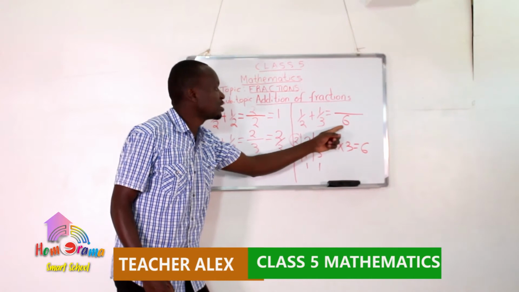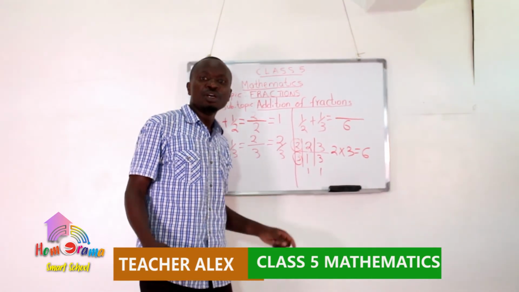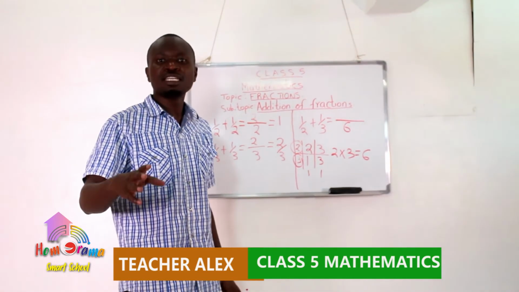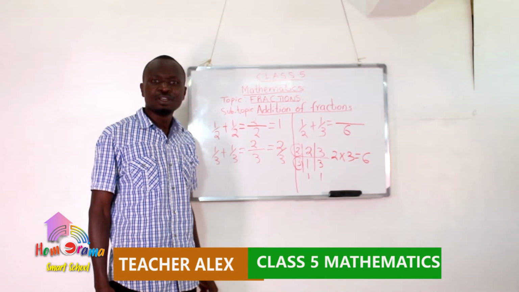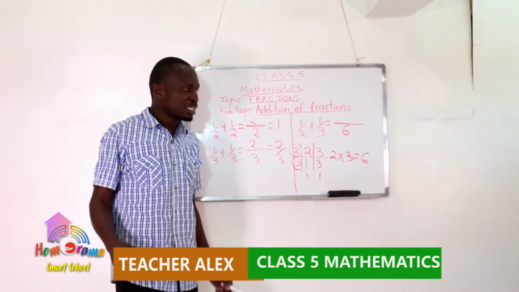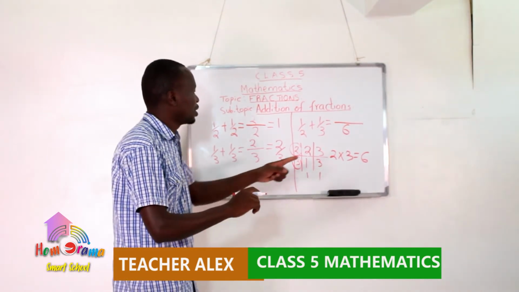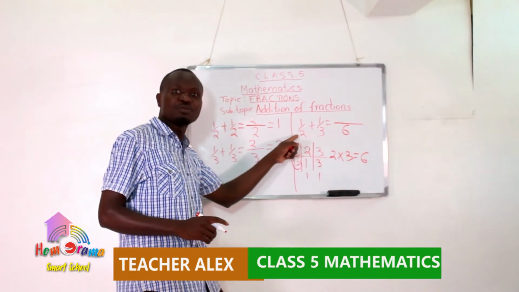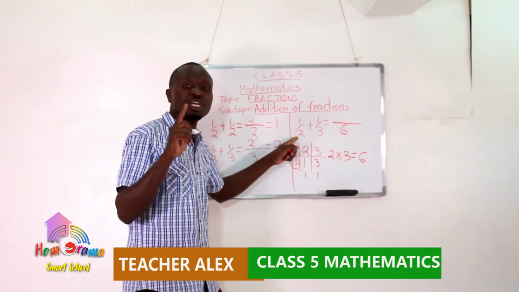This means it is 6 divided by 2. Yes, 6 divided by 2 is 3.